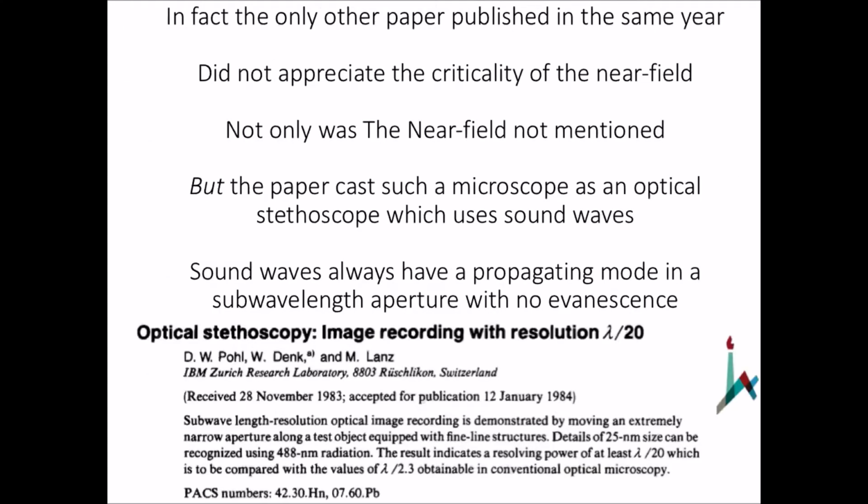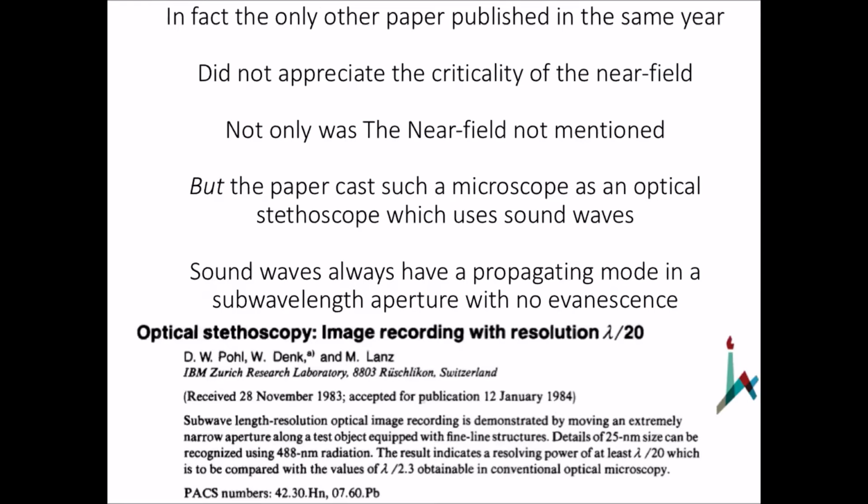There was another paper published in the same year by a man called Detector. This was from the IBM group that had invented the scanning tunneling microscope. And what Detector called this microscope was an optical stethoscope. They didn't relate it to the near field or to Sommerfeld's work.